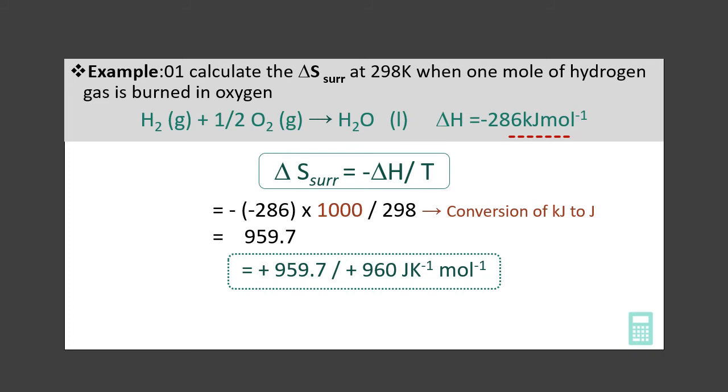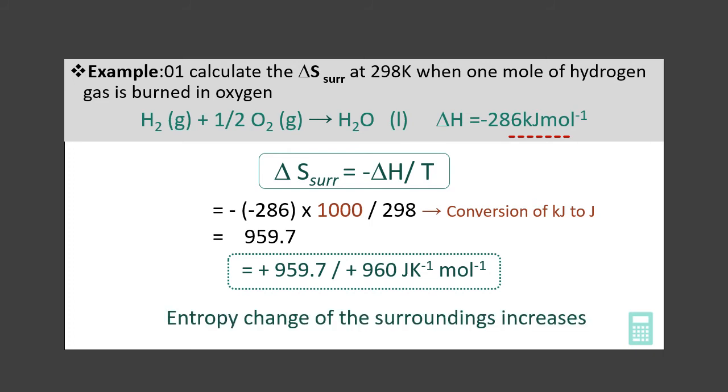Since it's an exothermic reaction, the energy that is released to the surroundings will make particles in the surroundings gain energy. Therefore, there could be more ways in which these particles could be arranged, and hence more disorder. And you know what that means: more entropy, and that is why entropy of the surroundings increases. Or we can say you will have a positive value.